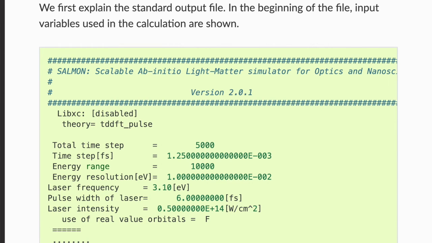First, let us consider the standard output file c2h2_rt_pulse.log. The first part of the file shows the version number of SALMON used in the calculation. Then, the input variables used in the calculation are displayed.